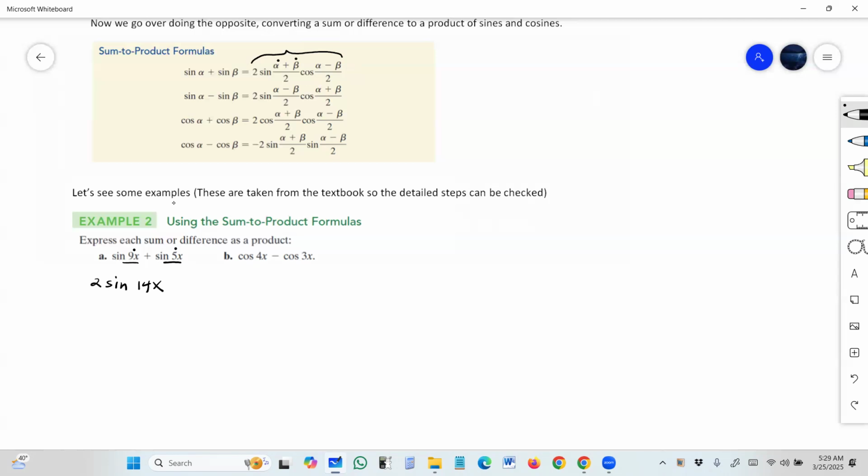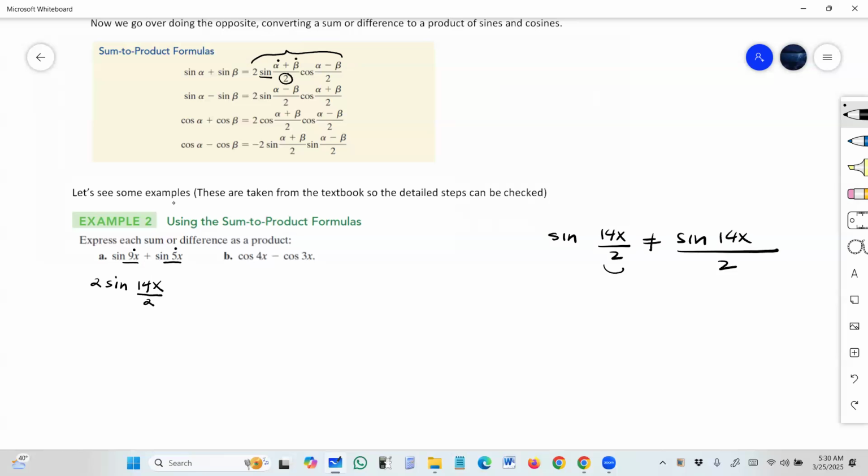Notice the 2 is dividing the angle, not the function. Sine 14x over 2 is not the same as sine 14x, everything over 2.